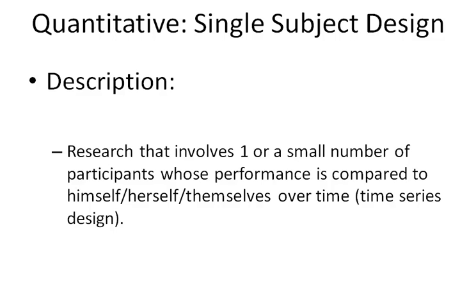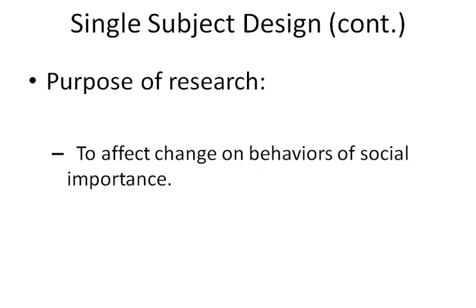The article that is an example that I posted for you is the one about using a personal digital assistant to help a kiddo with Asperger's syndrome. So if you want to have that article up and look at that, that's the example article. The purpose of the research is really to affect change on behaviors of social importance. Large group research also cares about that, but it can be more what we call basic research.